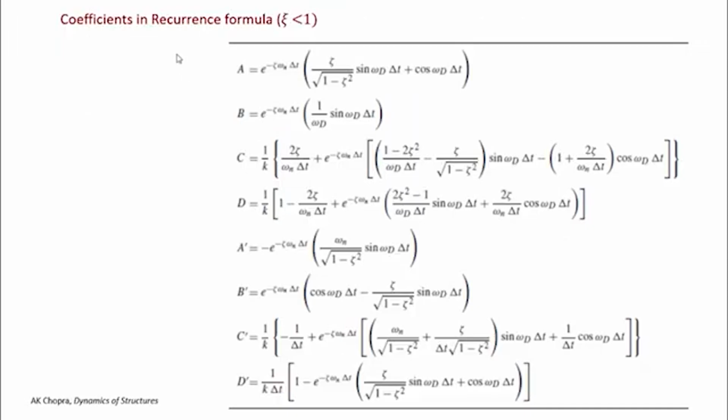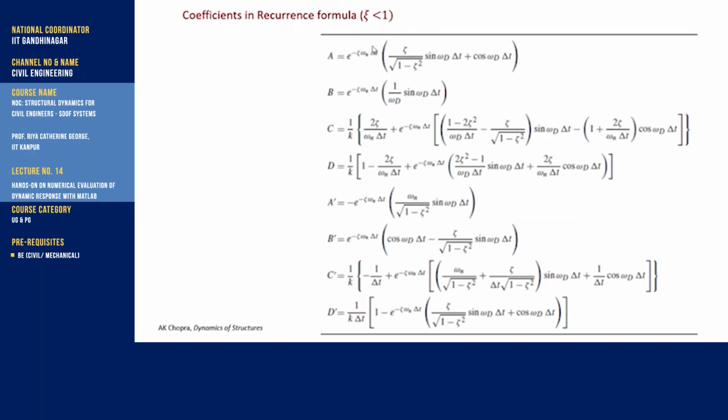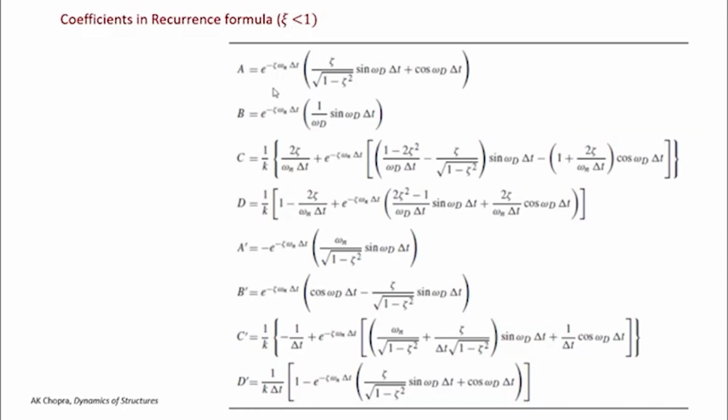The coefficients in the recurrence formula for an underdamped system are given by these expressions. So these can be derived, but we are not going into the derivation because of time constraints. So if we substitute the value of zeta equal to 0, we would get the coefficients for the undamped system.